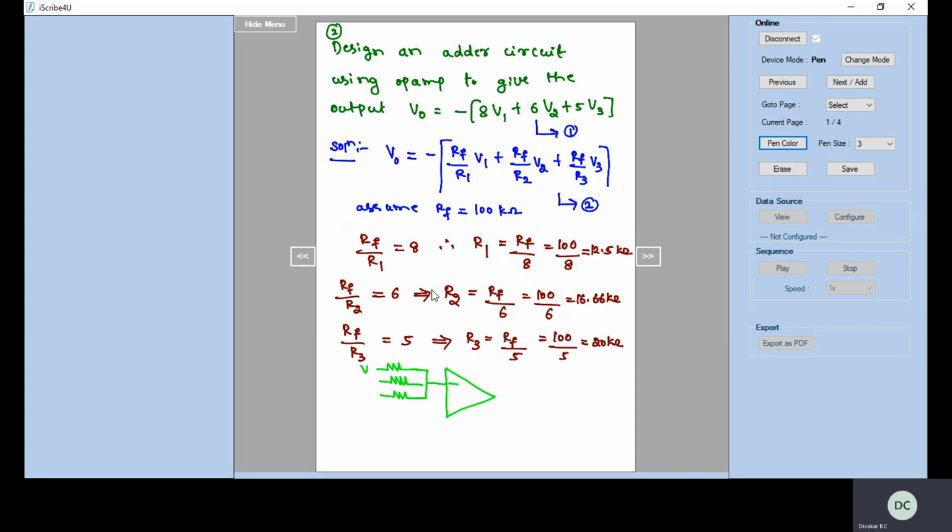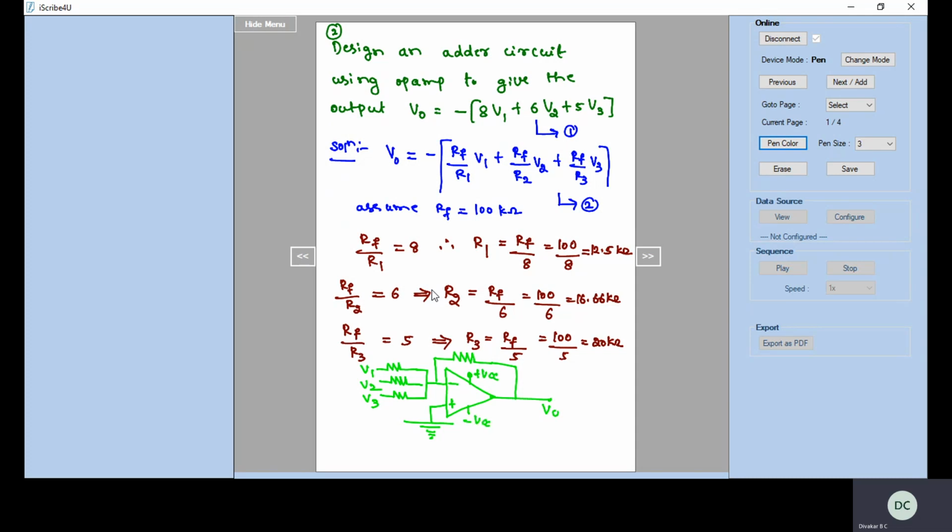So this is V1, this is V2, and this is V3. And the feedback resistance was assumed as 100 kilo ohms. This is the output, and the non-inverting terminal is connected to the ground. So this is plus VCC and minus VCC.